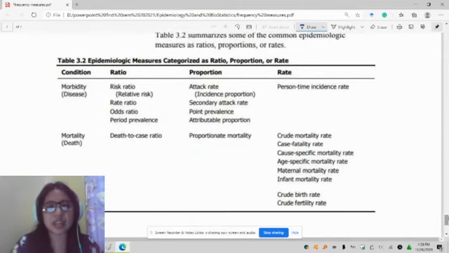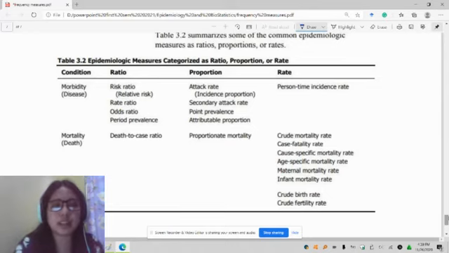So this is the table that shows the summary of the commonly used epidemiologic measures. It's divided into four columns to show that it depends on conditions, whether it's morbidity, mortality, or natality, that's birth. As you notice in the table, we do not have a ratio for birth.